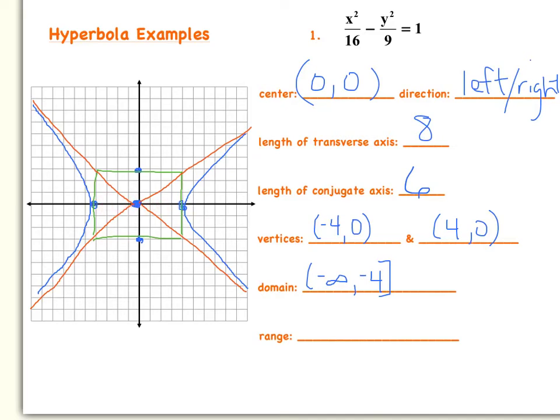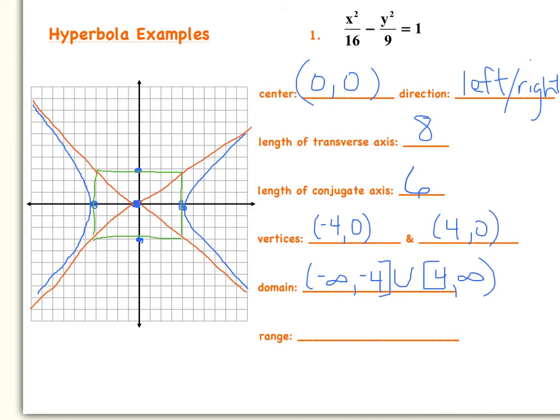I mean, our curve does not go past negative 4. It's like it jumps over and then starts here at positive 4. So we will use the union symbol to represent the space between the two curves. Now our domain picks up again right here where x is positive 4 and moves on towards the right towards infinity. So this is our domain.